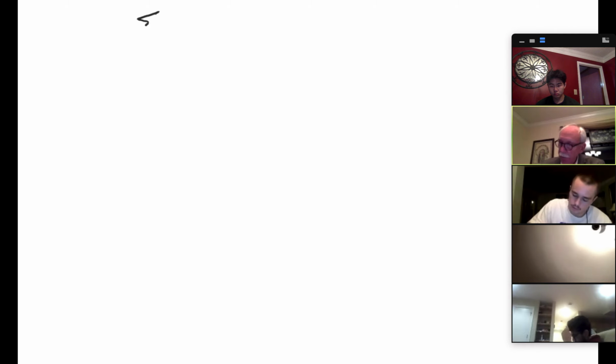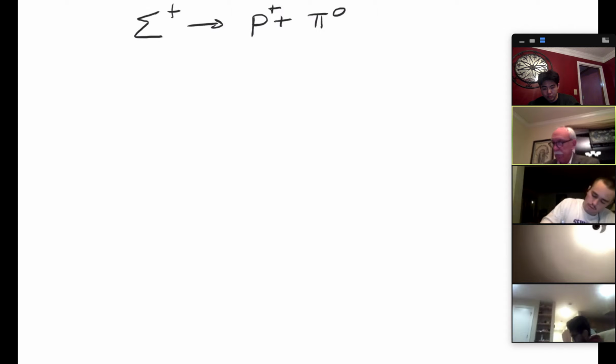So let's take the case of the sigma plus decaying to a proton and a pi zero. So proton is a UUD, pi zero is a UU bar. What's the sigma plus?